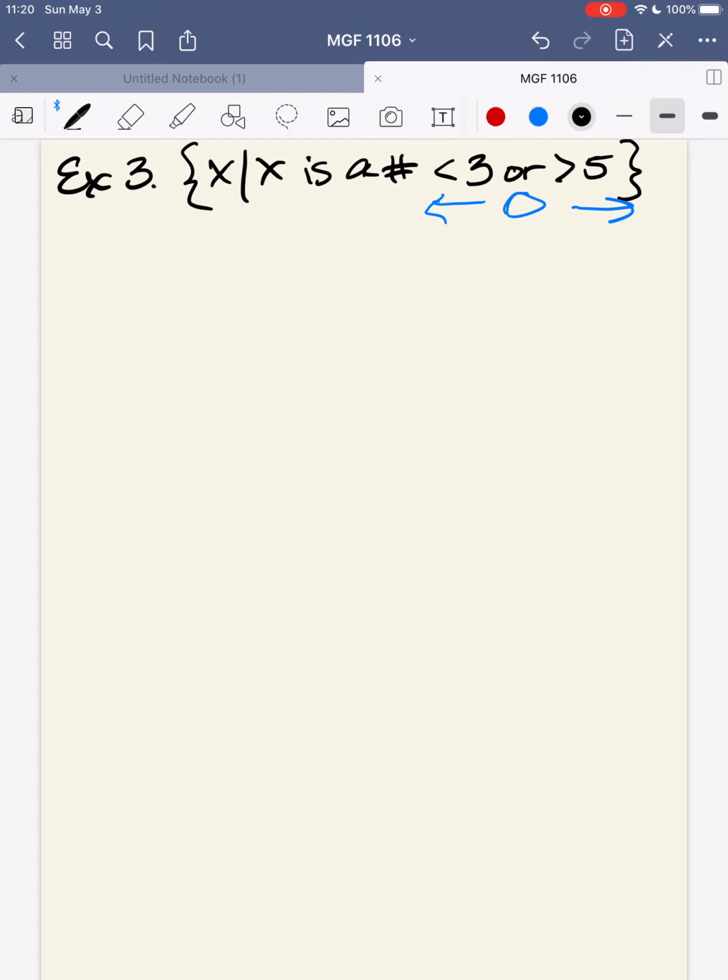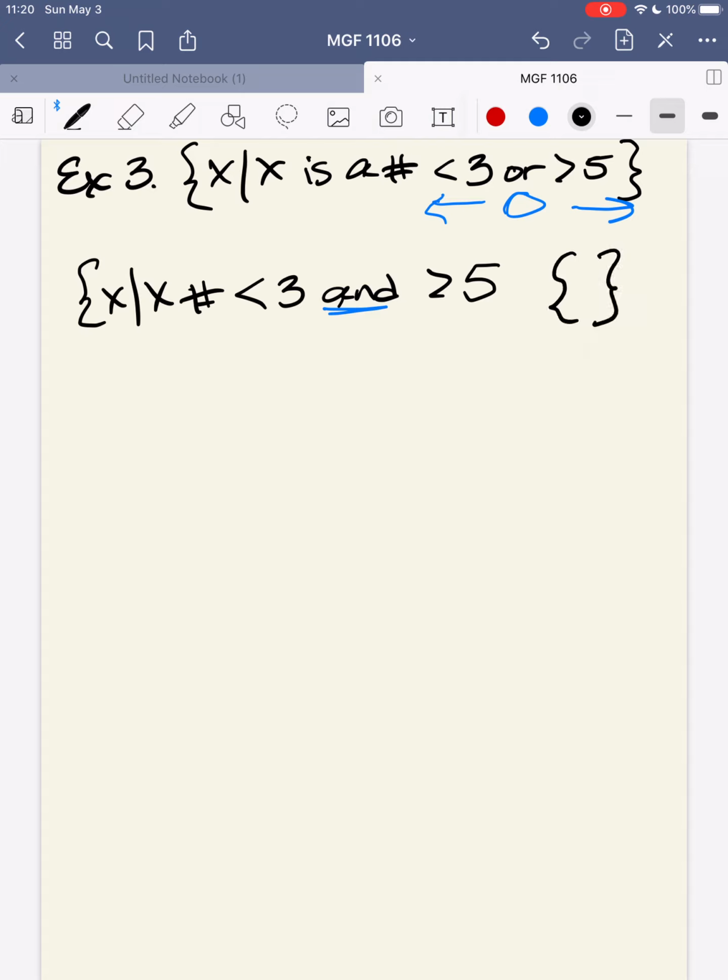If we look at part B, I have the elements of x such that x is a number less than 3 and greater than 5. Notice here I have the word and. This means a number has to be both less than 3 and greater than 5. There is no number that is both, so this constitutes an empty set.